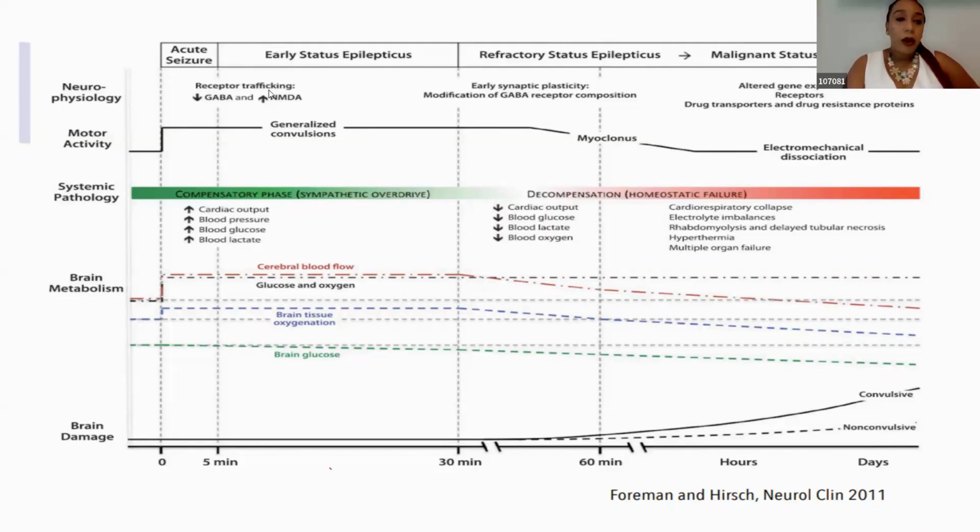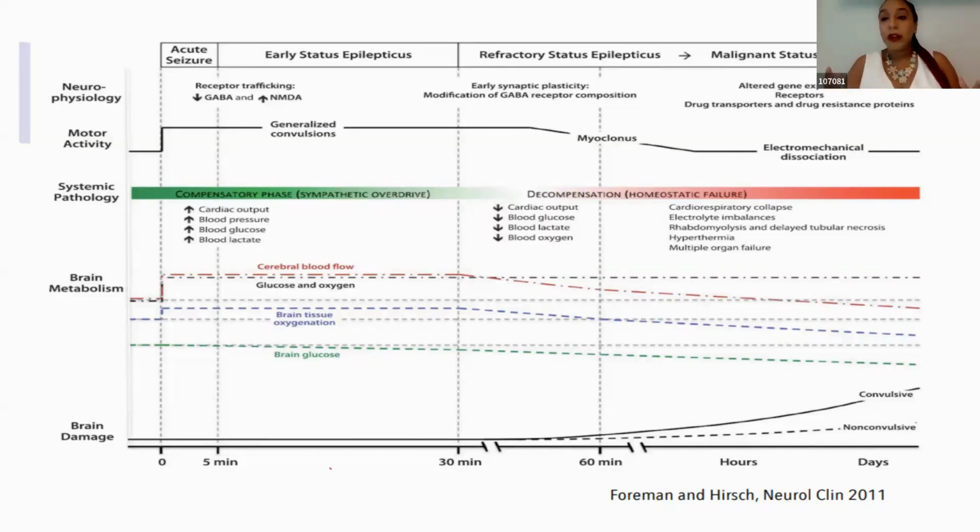So now what our body does is it tries to come up with compensatory phases to help us battle the seizure. So what it does is there'll be increased cardiac output, blood pressure, blood glucose, blood lactate, because we're just actively working and aborting the seizure.